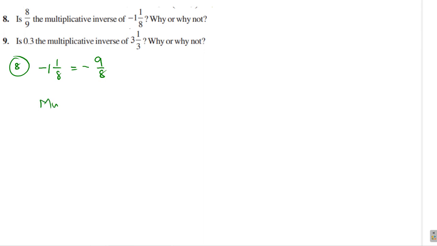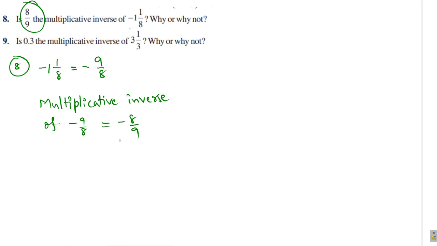The multiplicative inverse of negative 9 by 8 is negative 8 by 9 actually. But given that 8 by 9, we have, 8 by 9 is not the multiplicative inverse of this one.